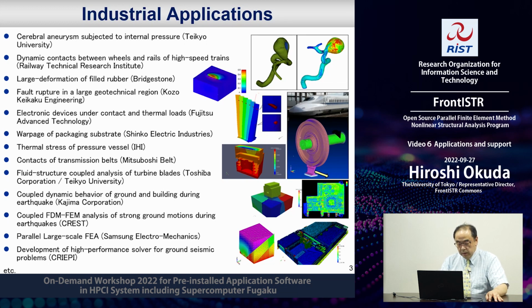So maybe you can see that a wide range of fields are treated by the software FrontISTR. So you can see that many types of applications can be covered by FrontISTR.